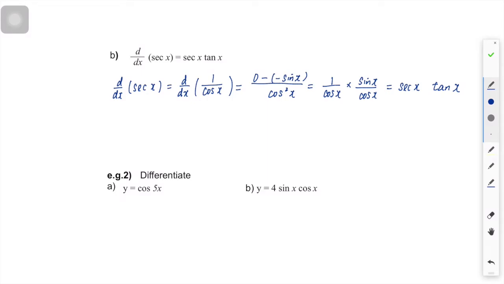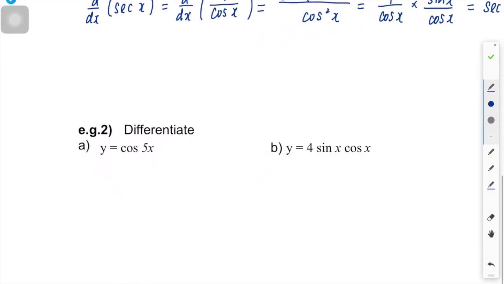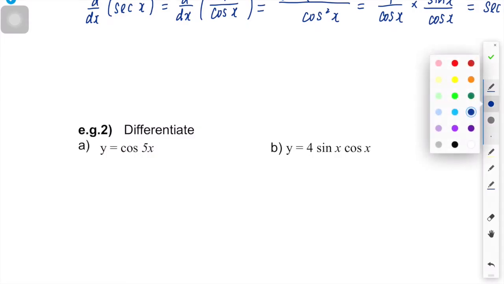You also need to remember all the rules that you learned last year for taking derivatives, such as product rule, quotient rule, and most importantly, chain rule. So let's begin. Example 2. Y is equal to cosine of 5x. So this is not just a simple cosine x question, because this is cosine of another function, 5x, which means that we need to remember to use chain rule.